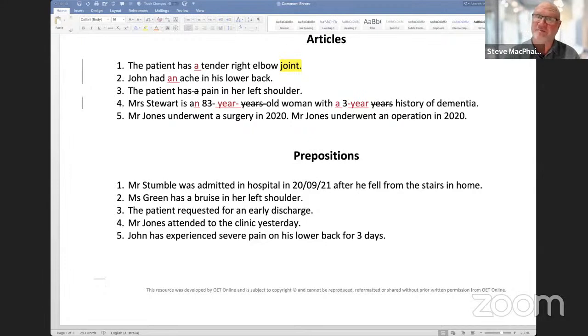So you just have to be familiar with where these words are used, and you get that by reading and listening and building that awareness. But in the basic form, ache is countable, pain is uncountable, and surgery is uncountable, whereas operation is countable. All right.